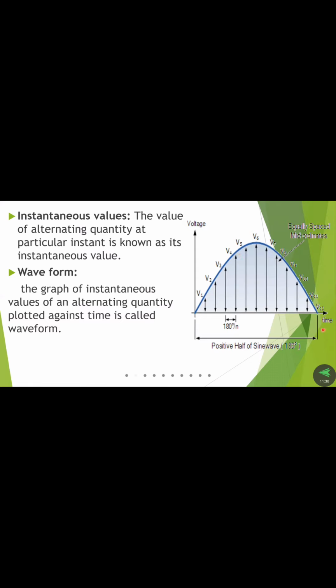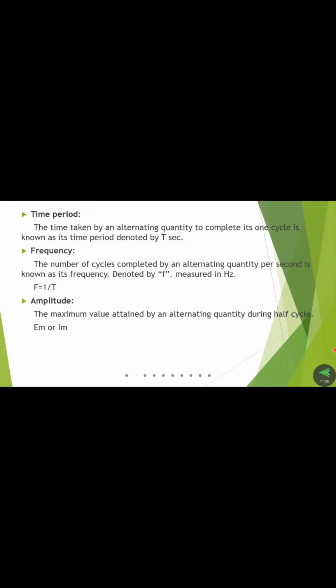Similarly, in the negative half cycle, as time increases to 13, 14, 15, 16, the value increases negatively. If you draw all the instantaneous values in a proper manner, that is called a waveform.